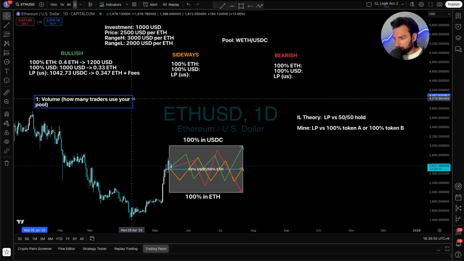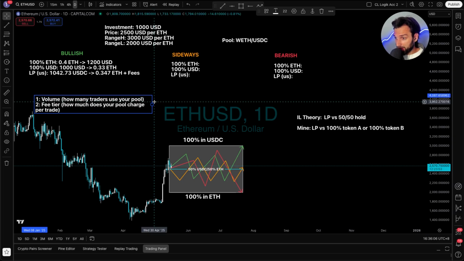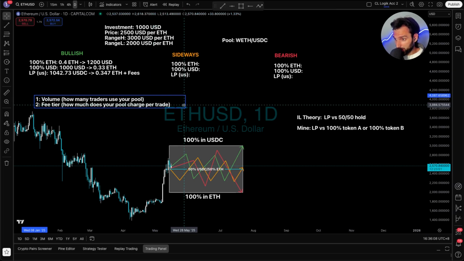And number two is the fee tier of your pool. So how much does your pool charge per trade? Now, we can go very, very in-depth in the fee tier of the pools here.